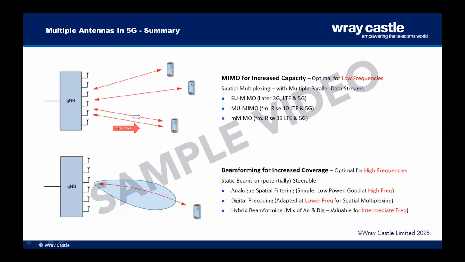We have a collection of variants, notably single user MIMO, multiple layers sent to a single user, multiple user MIMO, multiple layers sent to different users, but they all act to improve system capacity. And this once again can work in the uplink as well as the downlink, and this will improve the capacity of the system primarily at low radio frequencies.